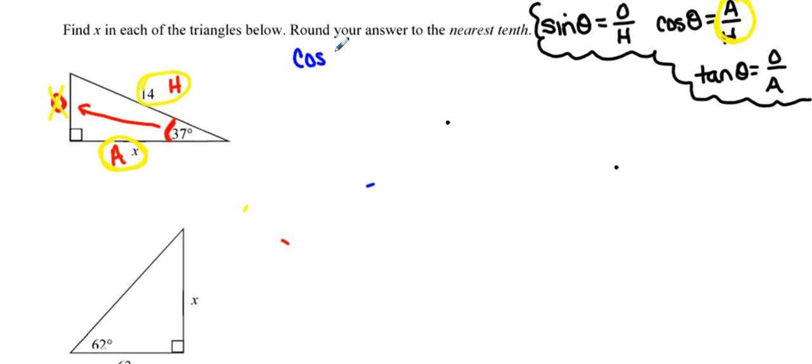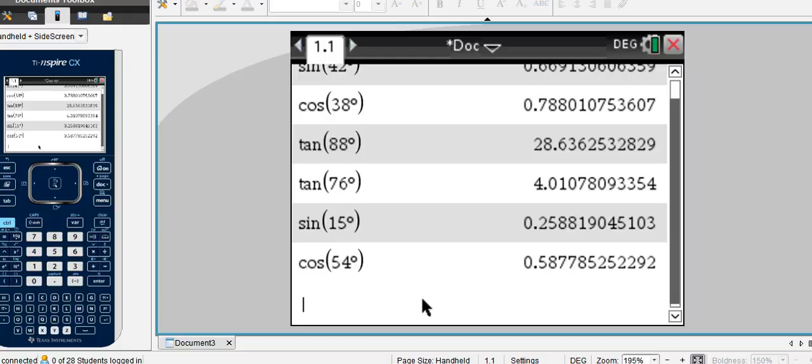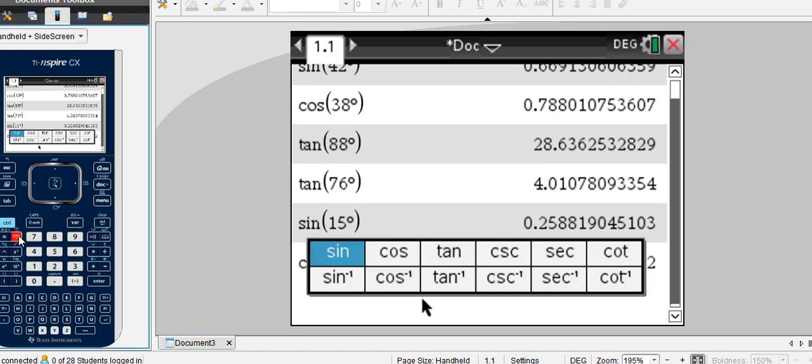So the cosine of my angle, 37 degrees, is equal to the side adjacent, x, over the length of the hypotenuse, 14. My next move is to type that cosine of 37 degrees into the calculator.